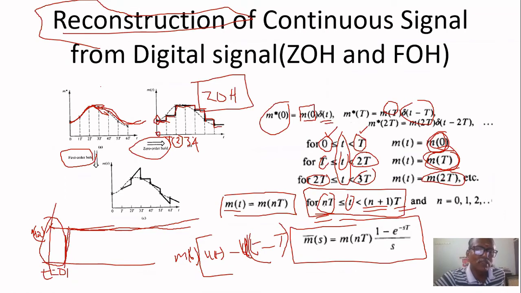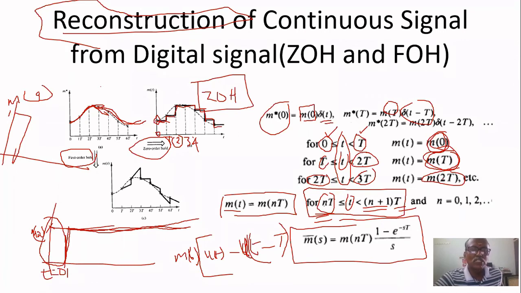This is another step function after one sampling period. If you subtract this, finally you will get this. Its magnitude is unity, and multiplied by m of 0, its magnitude becomes m of 0.